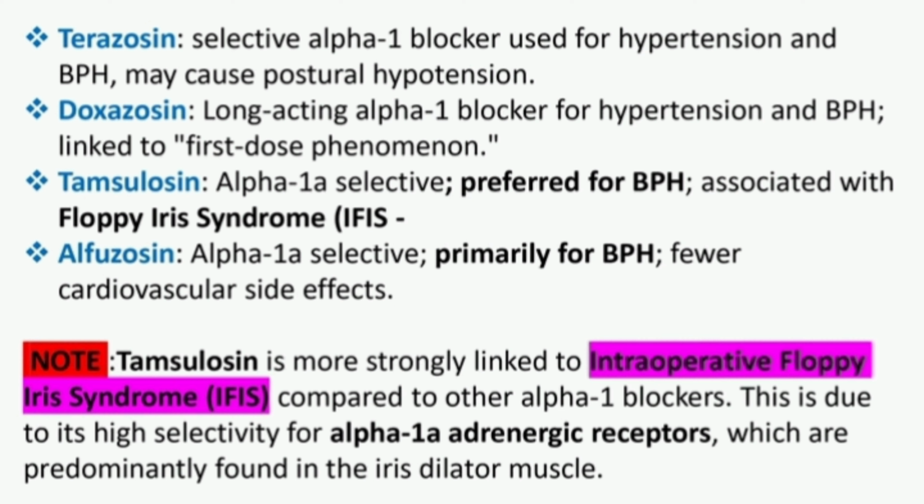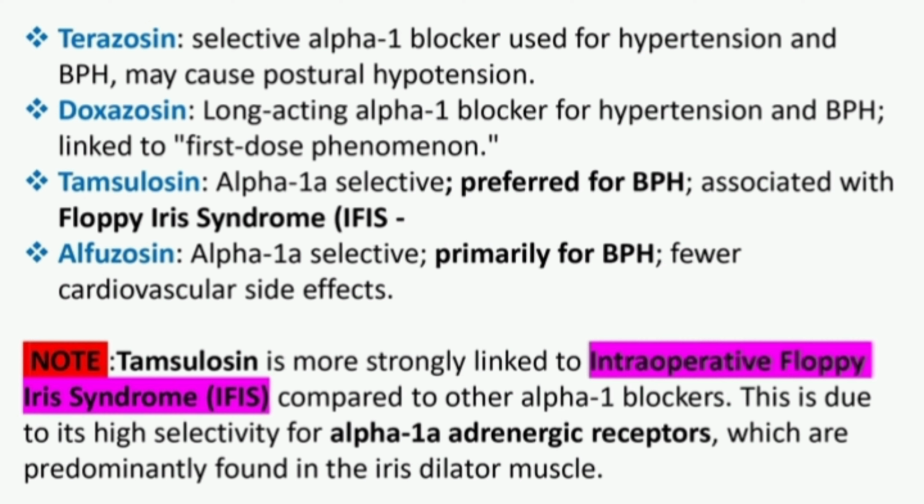Tamsulosin is an alpha 1 selective blocker, and it's the preferred drug for the treatment of BPH. Everybody knows this point, one of the important uses of tamsulosin. It's also associated with floppy iris syndrome, an adverse effect of tamsulosin. I mentioned below what floppy iris syndrome is, so we can just read it for understanding.